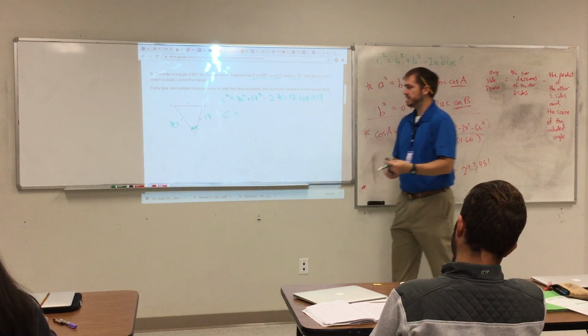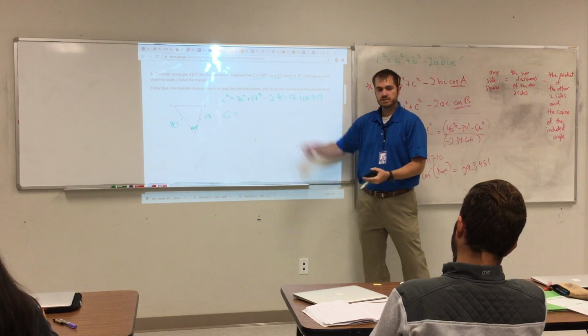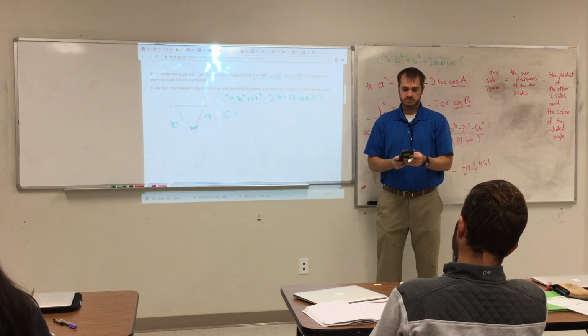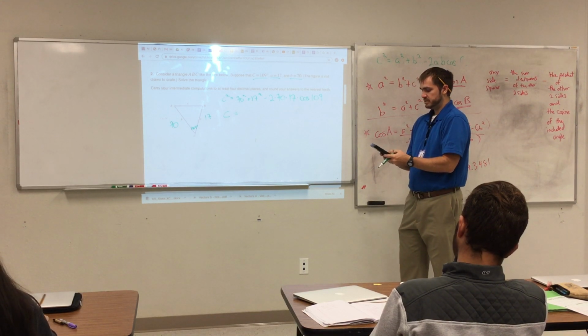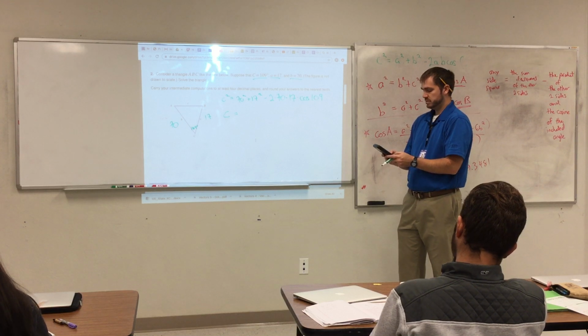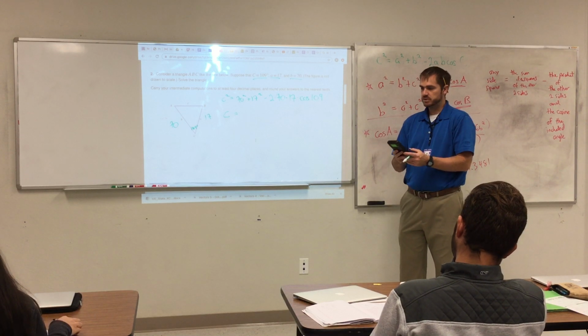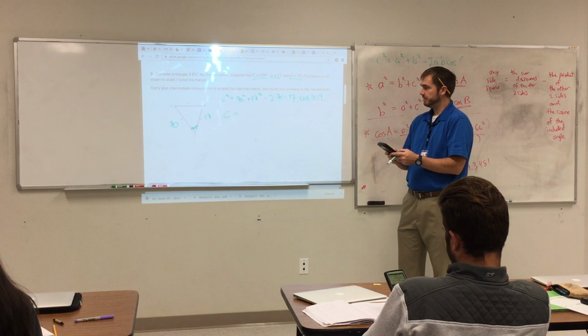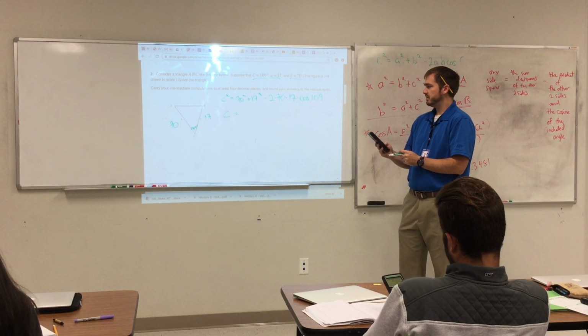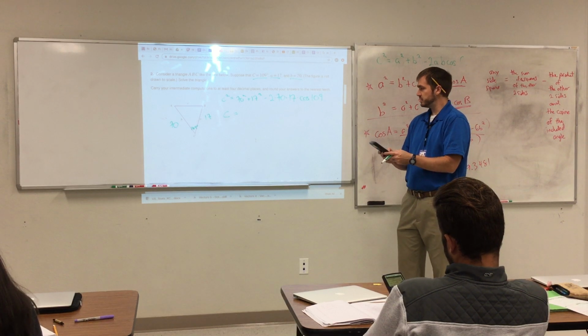Are you telling me all I gotta do is key that in, and then take the square root of it? Yep. 70 squared plus 17 squared minus 2 times 70 times 17 times cosine 109. Make sure you play along so you get that muscle memory, that tactile interaction.